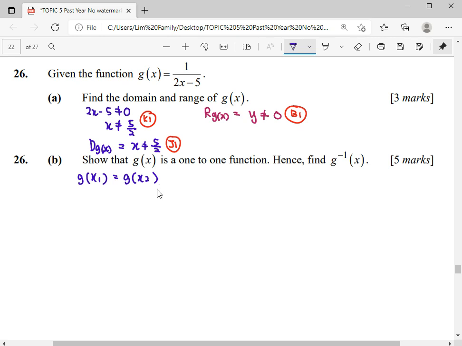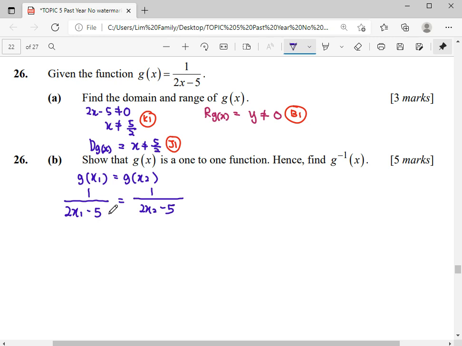Substitute x1 here: it will be 1 over 2x1 minus 5, and then 1 over 2x2 minus 5 when we substitute x2 into the function. How do we simplify until we get x1? We have to move everything to the right hand side.